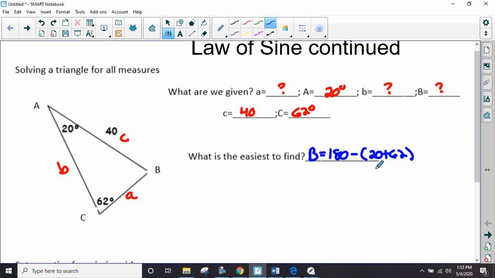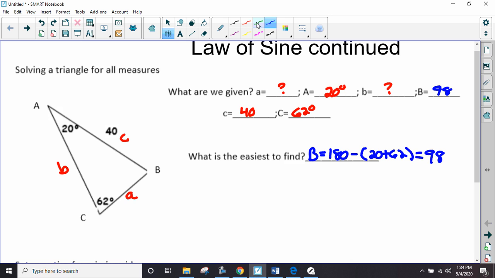I would put it in my calculator just like that: 180 minus parenthesis 20 plus 62, close parenthesis. I get 98. So I know that big angle B is 98 degrees. Now that really helps set up the other two.